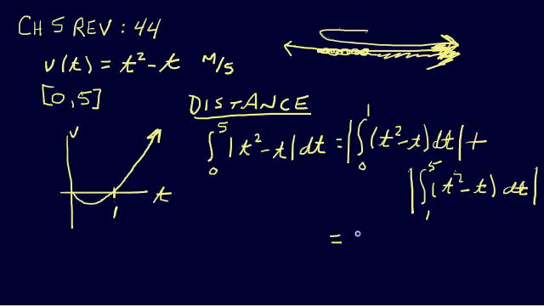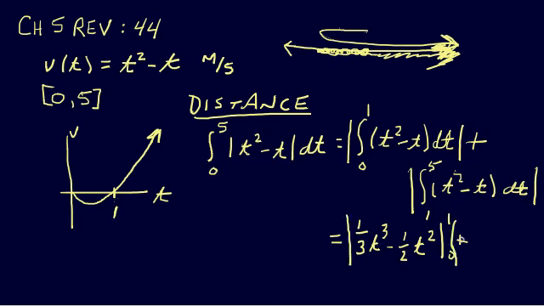You'll recall from the earlier part of the problem, this gives me 1/3 t cubed minus 1/2 t squared. And I need to do that from 0 to 1 and take the absolute value of it, because that'll be the motion to the left.